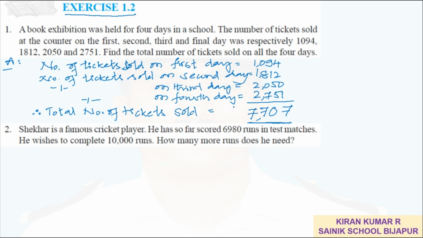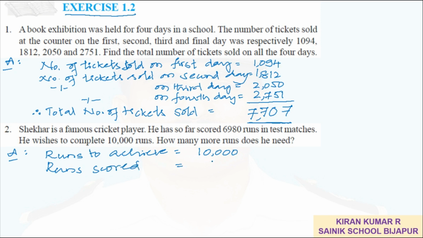Here, runs to achieve is 10,000. Runs scored is 6,980.